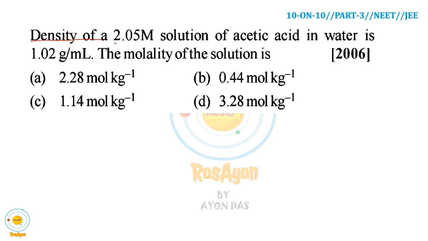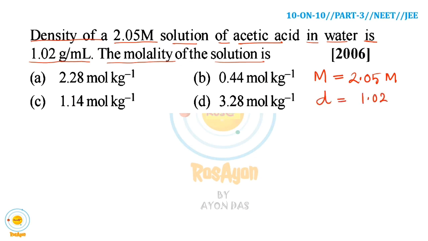Density of a 2.05 molar solution of acetic acid in water is 1.02 gram per ml. The molality of the solution is. That means here the concentration of the solution is given in molarity, that is 2.05 mole, and the density of the solution is given, that is 1.02 gram per ml, and the solute of this solution is acetic acid.